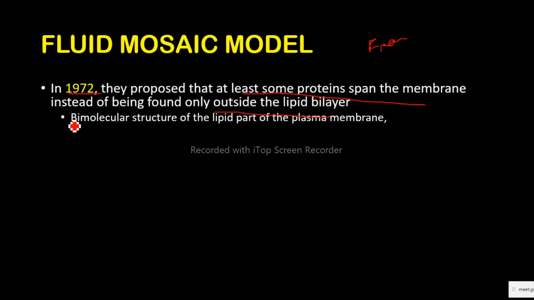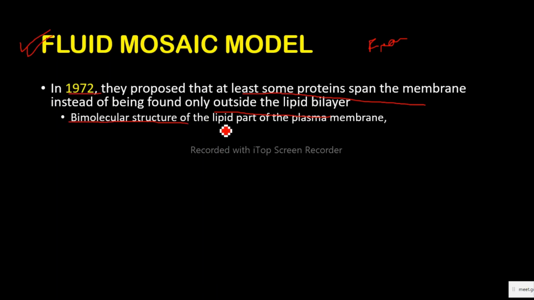So they were able to modify Daniel and Davson's model to form what we call the fluid mosaic model. And we are going to see why it is called a fluid mosaic model. One of their conclusions was that it is a bimolecular structure of lipids.